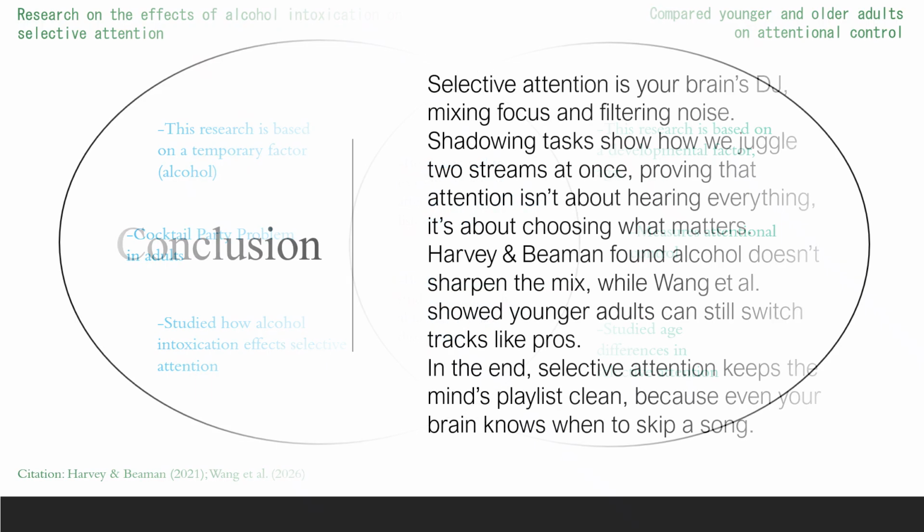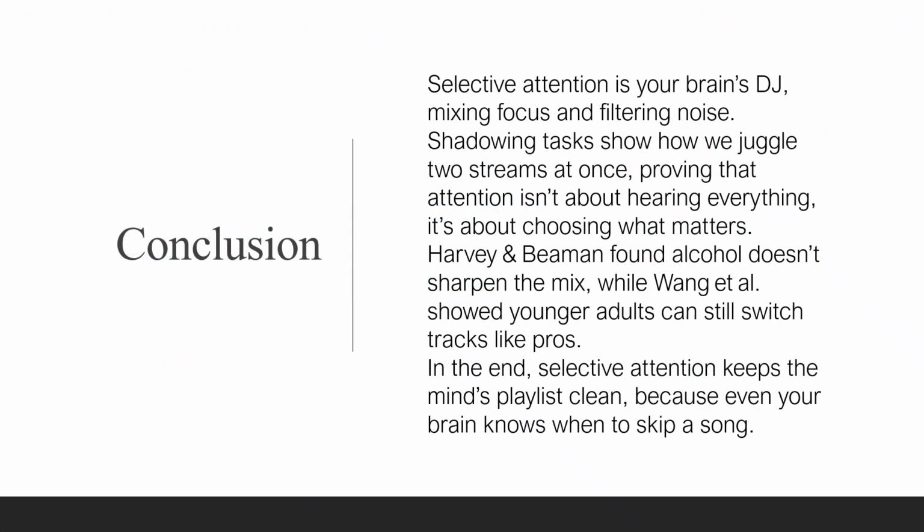To wrap up, selective attention is what allows us to stay focused in a world full of competing sounds and distractions. The studies we looked at show that this ability can be influenced by both temporary states like alcohol intoxication and long-term factors like age. Even though these influences change how effectively we filter information, the underlying mechanism remains remarkably adaptable.